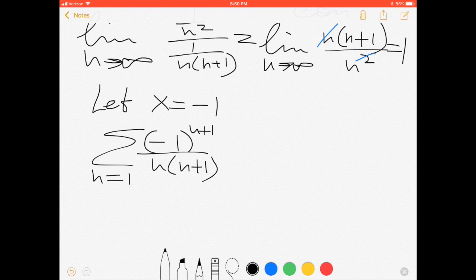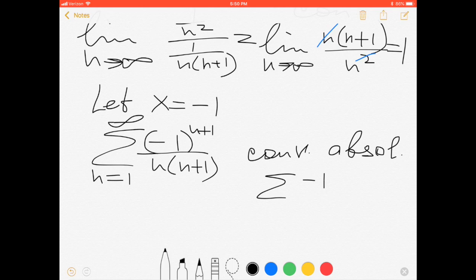This is an alternating series, and it converges absolutely, because the series of absolute values of each term will be the series 1 over n times n plus 1.